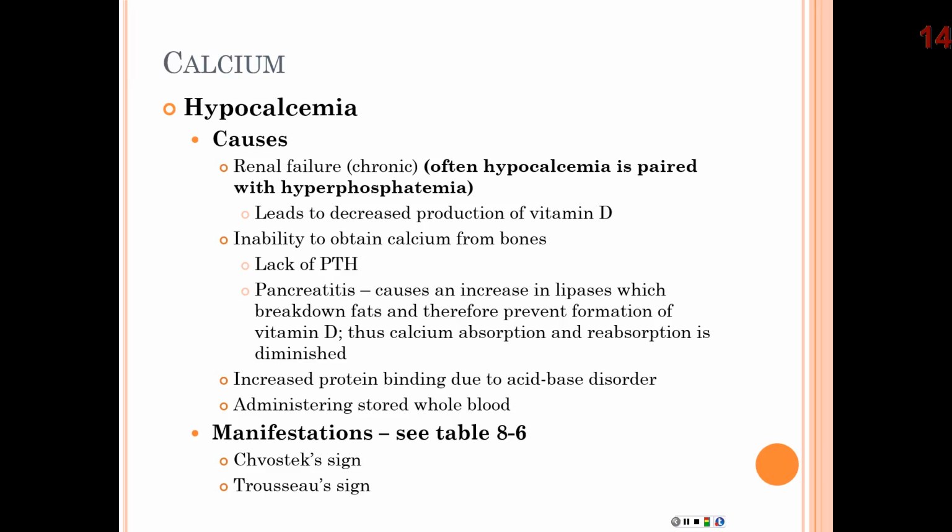Trousseau's sign is similar to some extent, except we're not dealing with the face. Then what we do is we place a blood pressure cuff the same way you always would on the arm over the brachial artery. You inflate it to about 10 millimeters of mercury above what you know to be the systolic pressure, and you leave it on there for about 3 minutes.